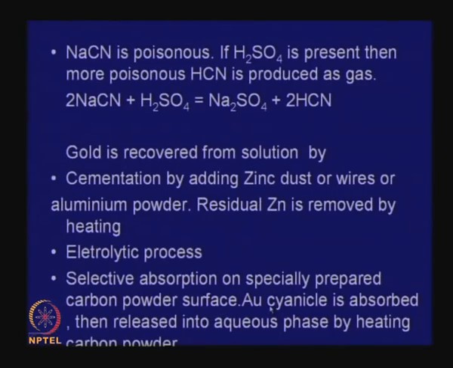Gold cyanide, it is not cyanical, it should be cyanide, is absorbed and then released into the aqueous phase by heating the carbon powder. So, we can have activated carbon powder thrown into the cyanide solution. It will absorb gold cyanide onto the surface, and later on gold can be released by heating it. So, this is the cyanide route.